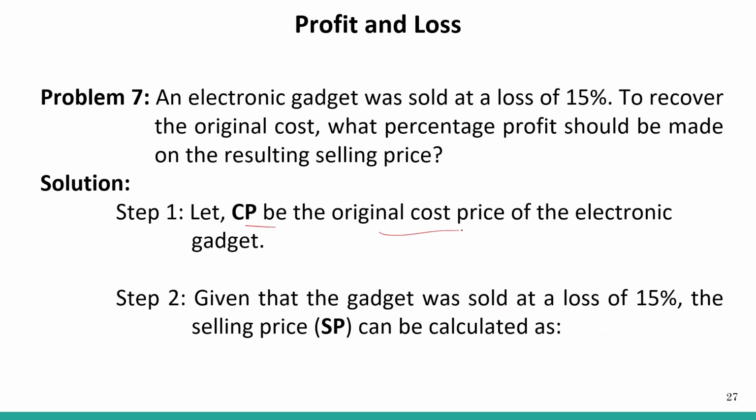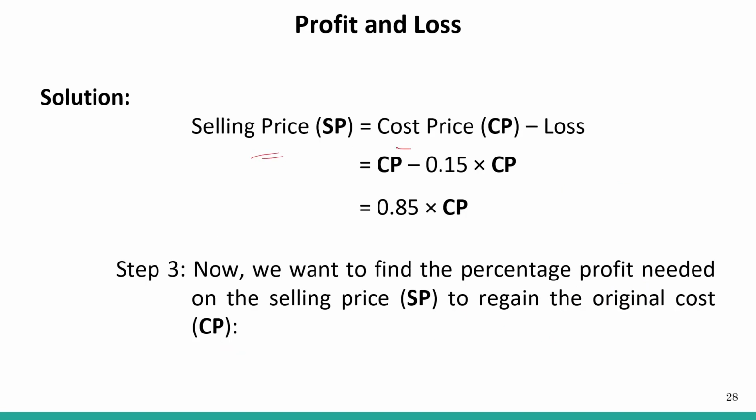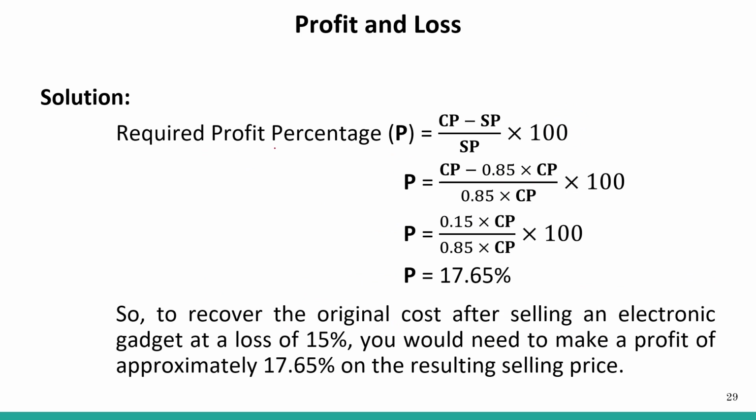So let CP be the original cost price of the electronic gadget, right? Given that the gadget was sold at a loss of 15%, the selling price can be calculated as cost price minus loss. So CP minus 0.15 into CP, so 0.85 into CP. Now we want to find the percentage profit needed on the selling price to regain the original cost. So the required profit percentage is equal to CP minus SP, whole by SP, into 100, right? This is the formula.